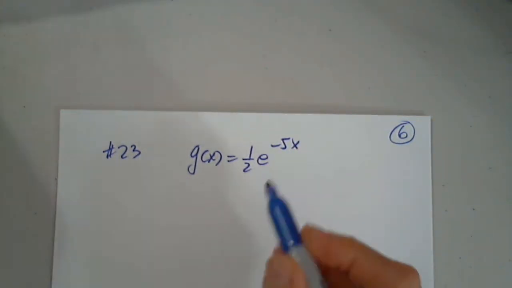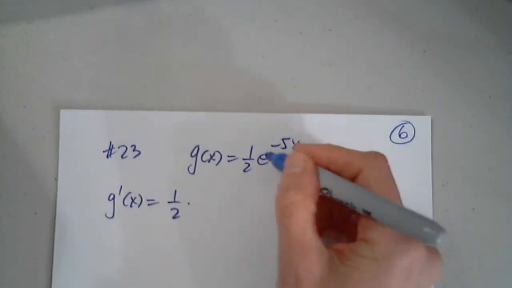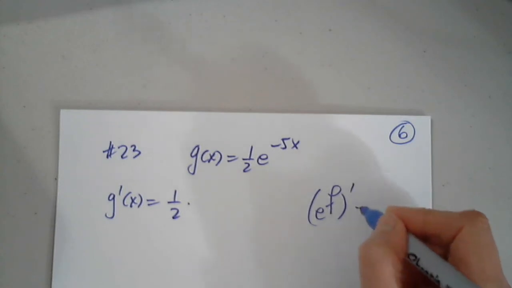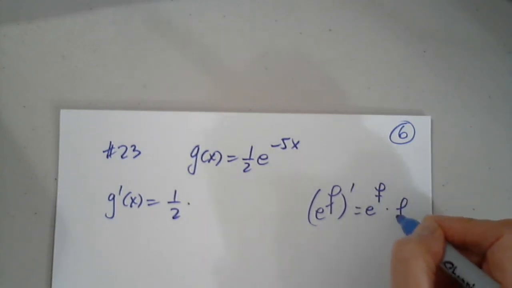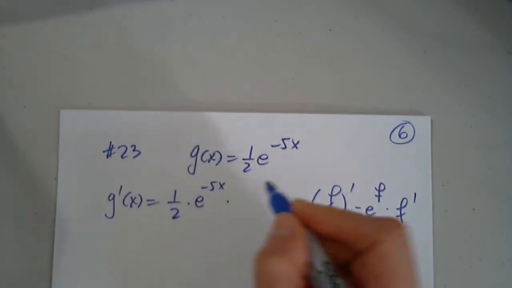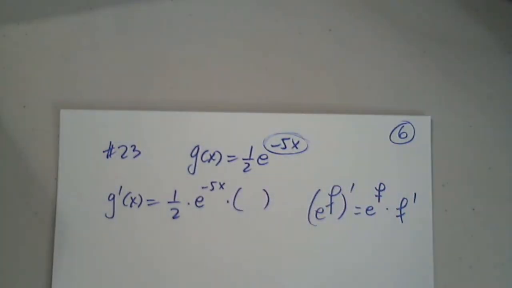So this is just the constant. When I differentiate this, I keep the constant in front. This is e to a function. E to a function, prime, is e to the function times the function prime. So this will be e to negative 5x multiplied by this prime. Can anyone tell us how much is negative 5x prime?